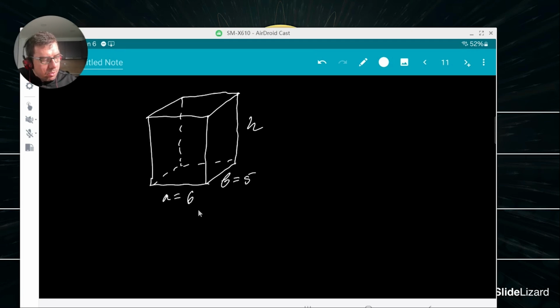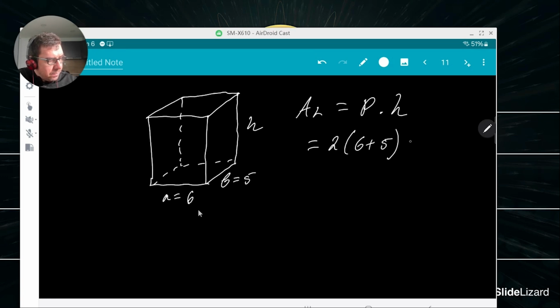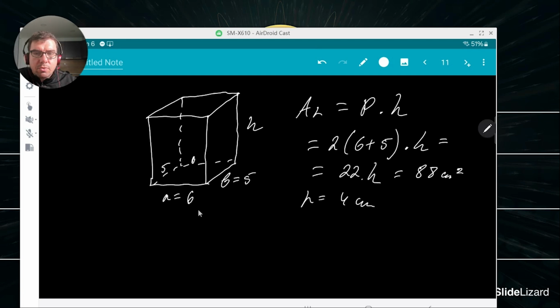As you probably know, the formula for lateral area is P times H, where P is the perimeter of the base. So in this case we get 2 times (6 plus 5) times H, which is 22 times H. It says that this is equal to 88 centimeters squared. So H is going to equal 4 centimeters, right?